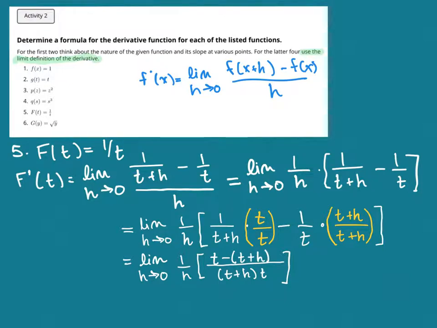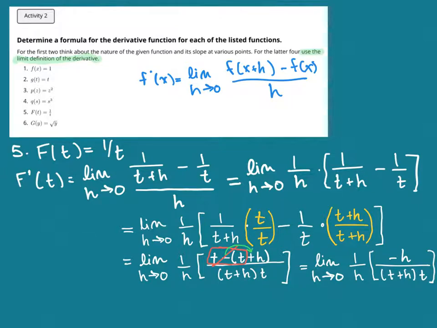Good news. Did someone say t minus t? Yeah, that cancels. But before I get too excited about cancellation life, we should remember that this negative should get distributed, right? So we are now evaluating the limit as h goes to 0 of 1 over h times negative h over t plus h times t.